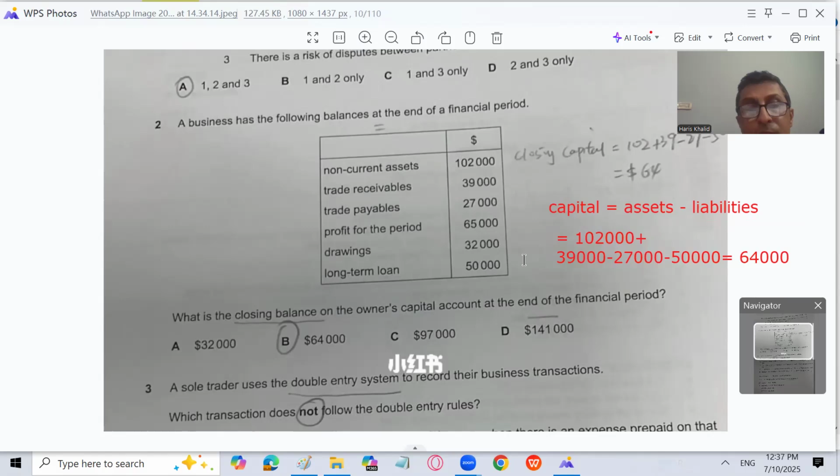This 64,000 already includes profit, and drawings have also been subtracted. Whatever the opening capital was, profit is added and drawings are subtracted. So closing capital is equal to assets minus liabilities, and 64,000 is the answer. Let's move forward.